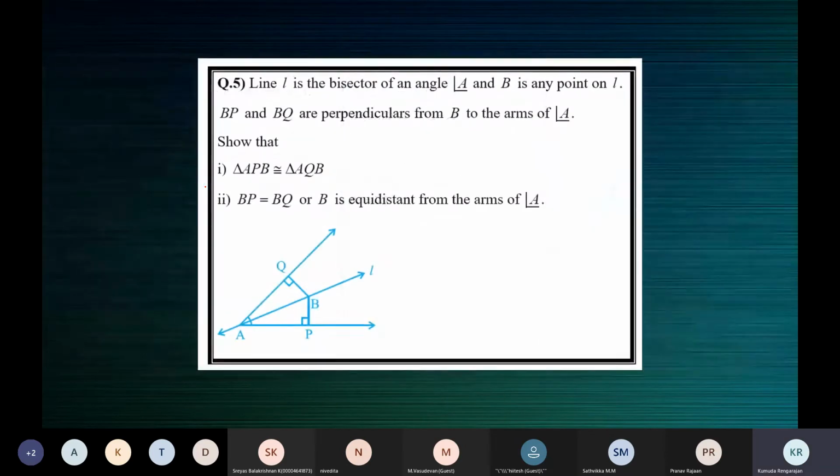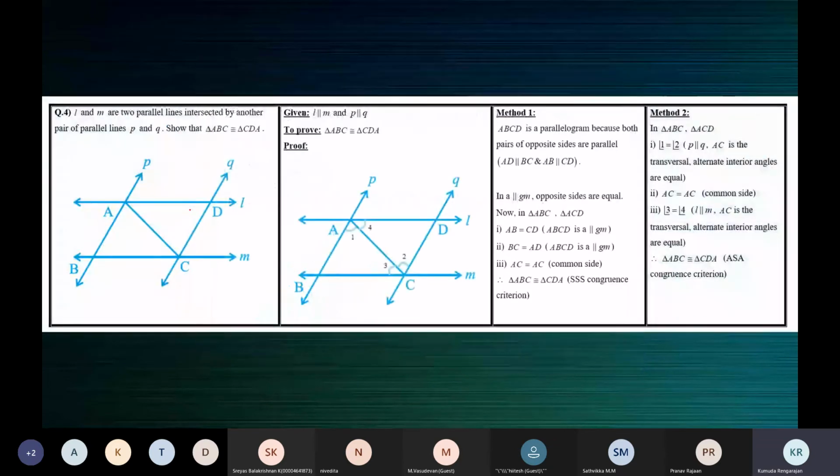Okay, I can now see the pictures from Satvika and Ananya. Let me go back to the earlier one. Satvika says angle 1 is equal to 2, 3 is equal to 4. Good, Satvika. AAS criterion also. You have listed the equalities correctly.